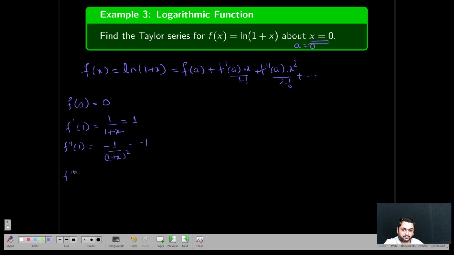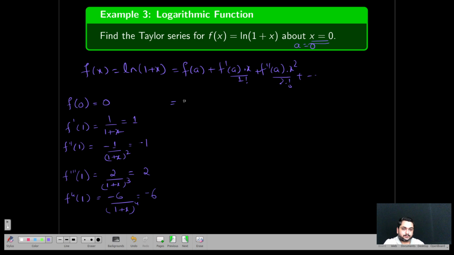Then again go on differentiating this. So I'll get 2 divided by 1 plus x cube, so this will be 2. The fourth derivative is equal to minus 6 divided by 1 plus x to the power 4, so this is equal to minus 6.